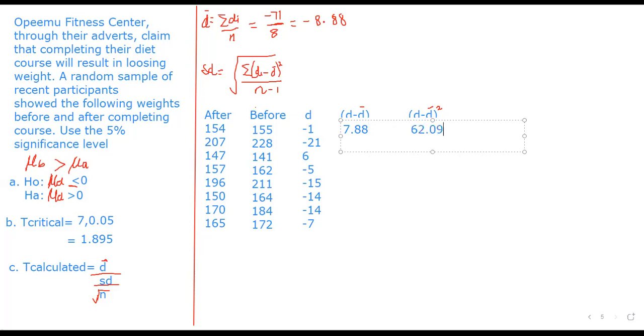Next, find the square. The next is 14.88, whose square will be 221.41.